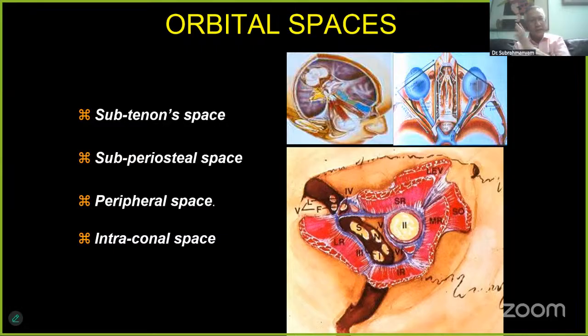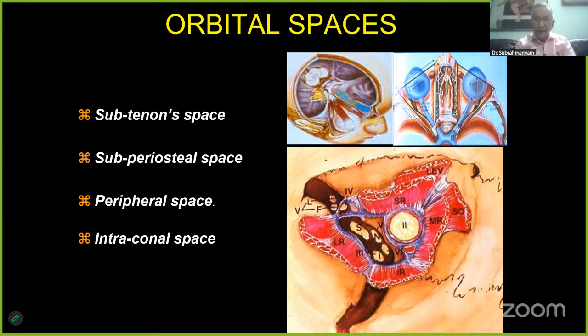And in the lateral space, you have the lacrimal gland. So the lesions that are present here, the space occupying lesions, will push the globe to the opposite side, causing eccentric proptosis.